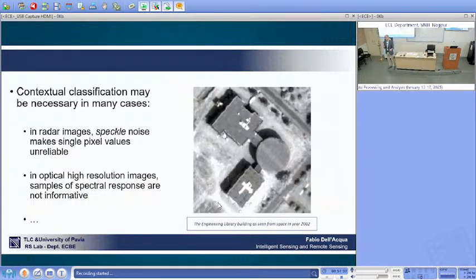Context is a much broader definition of spatial information. I look at the context, and I can tell this is a building, this is a building, because they are next to a shadow. But then the road is a road, despite having the same spectral response, because the context tells me that this is a road.